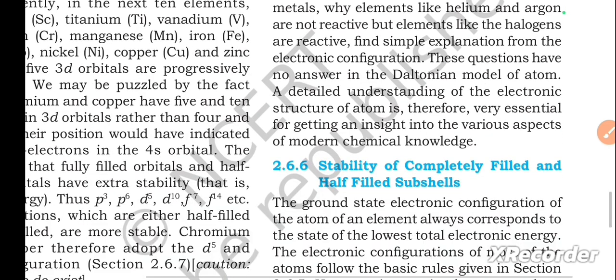These questions have no answer in the Daltonian model of atom. A detailed understanding of the electronic structure of atom is therefore very essential for getting an insight into the various aspects of modern chemical knowledge.